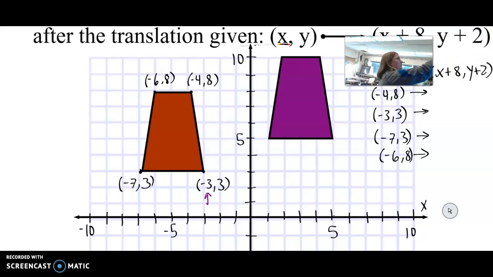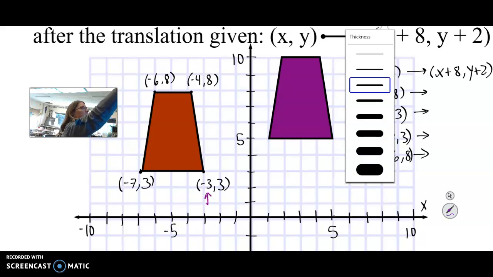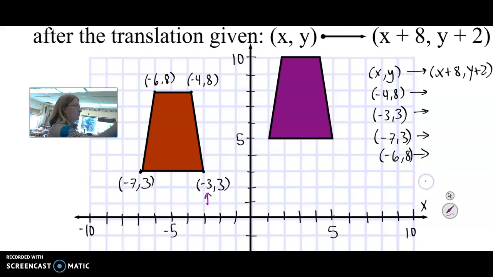If, like I said, you don't have a smartboard, then what you can do is take each of these coordinates, let's go purple: we have -4, 8, -3, 3, -7, 3, and -6, 8. You take those coordinates and plug them in here.